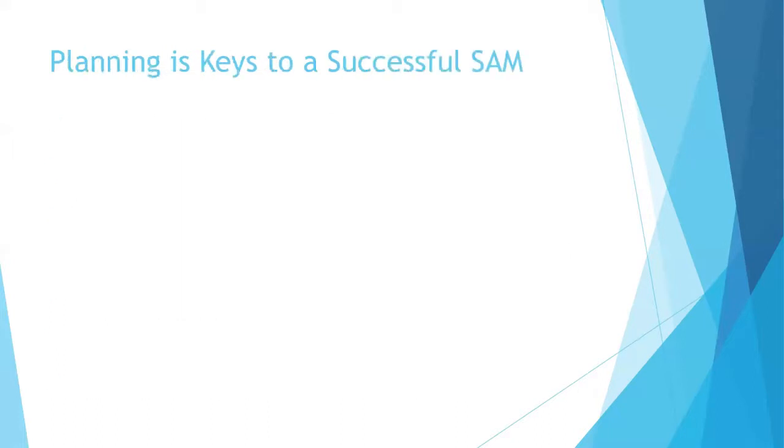Planning is key to a successful SAM. So you have to invite the right attendees. They can be from your company, whether it's a sales engineer, marketing person, first-line supervisor, VP of sales, or C-level executive. Who are you inviting from your company? Any partners?